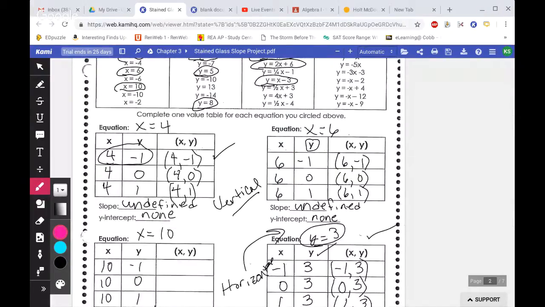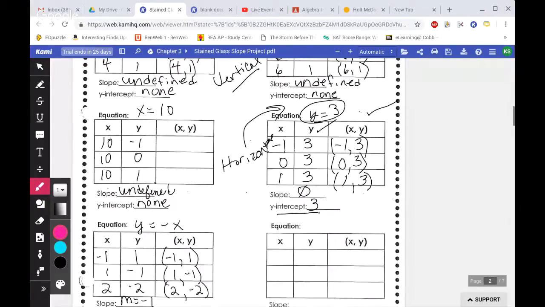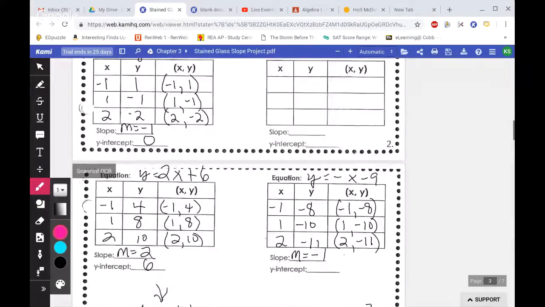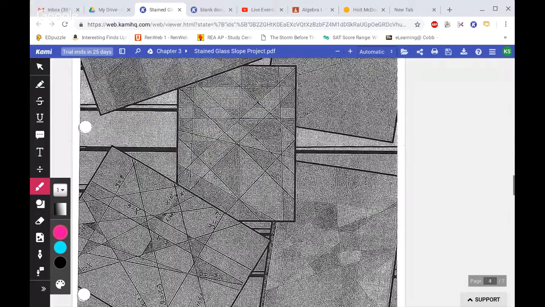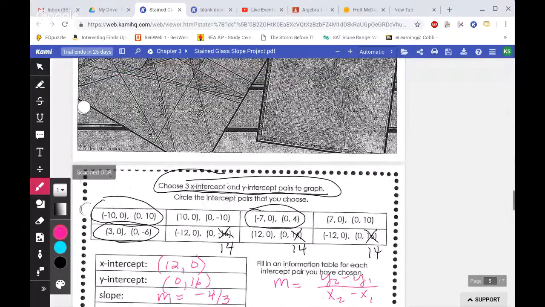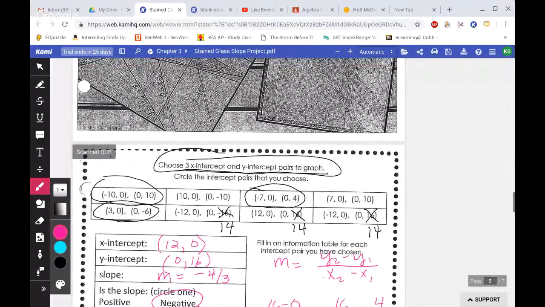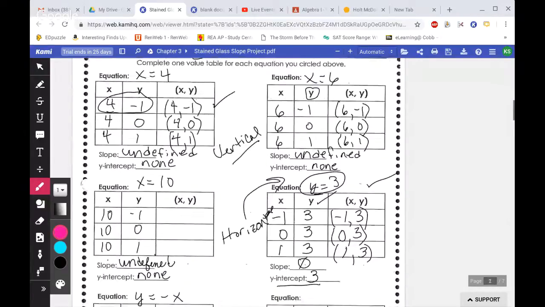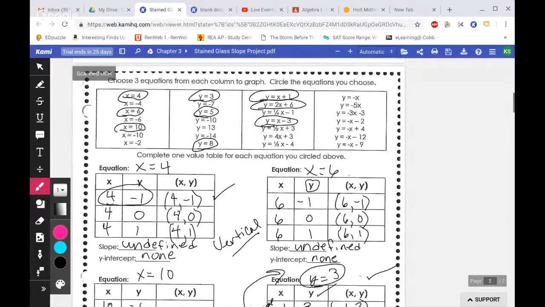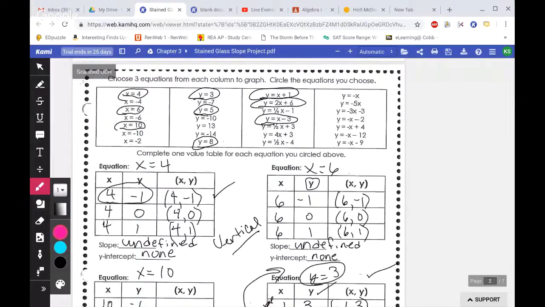Miss Sparks, on the X one where it has 6, I didn't get the y-intercept. The X, which one, love? It's on page 2. Oh, it has none? Yes, because it's a vertical line.